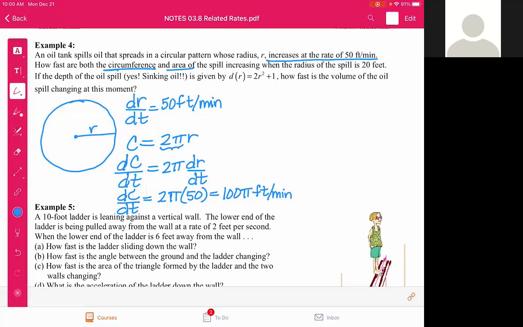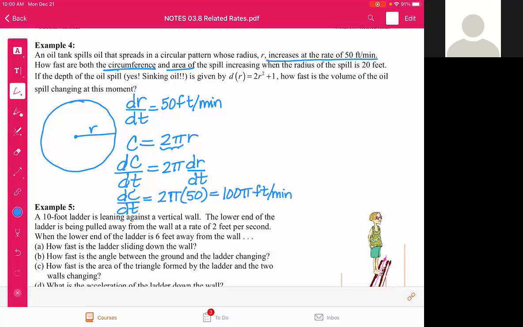So 300 feet would be like 100 yards. That's like a football field. Take the length of a football field and a little bit more, wrap it around and make a circle. That's how big that oil spill is.